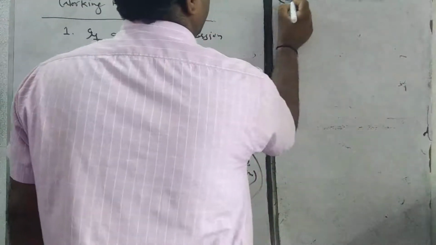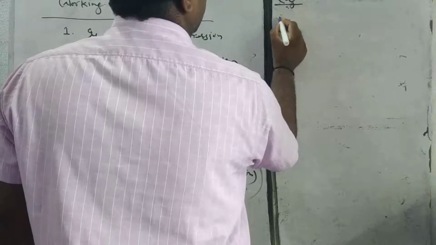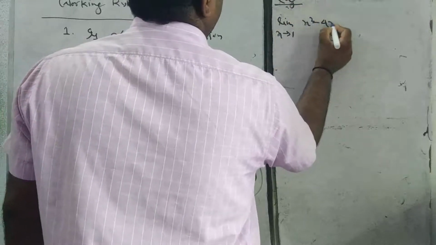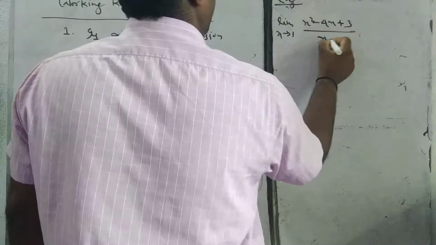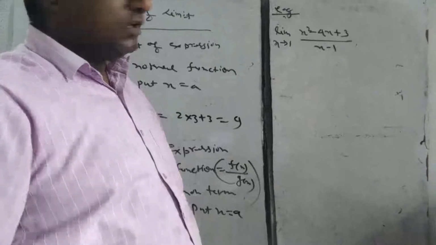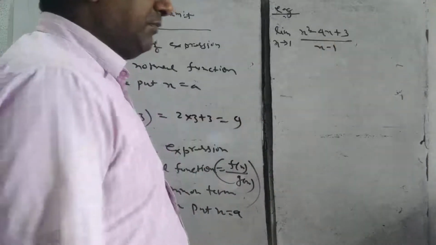For example, evaluate limit x tends to 1, x square minus 4x plus 3 upon x minus 1. The numerator is a middle term split.